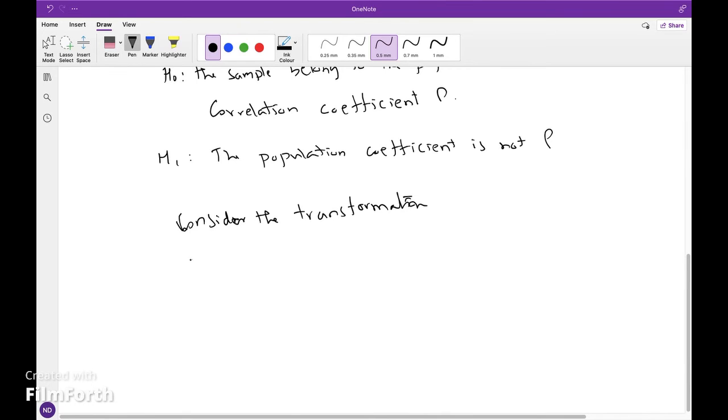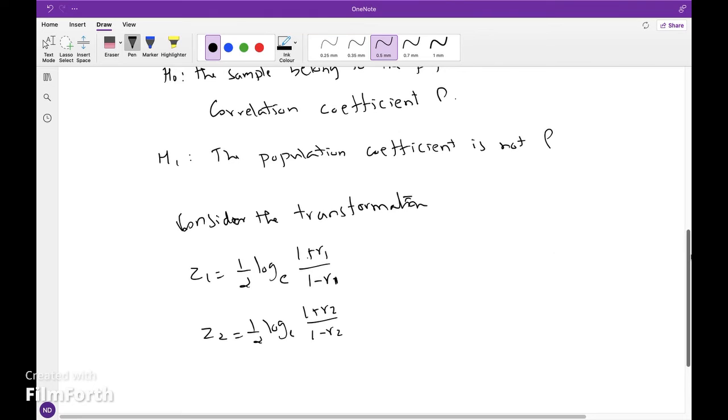Consider the transformation Z1 equal to 1/2 log base e of (1 plus r1)/(1 minus r1), and Z2 equal to 1/2 log base e of (1 plus r2)/(1 minus r2).